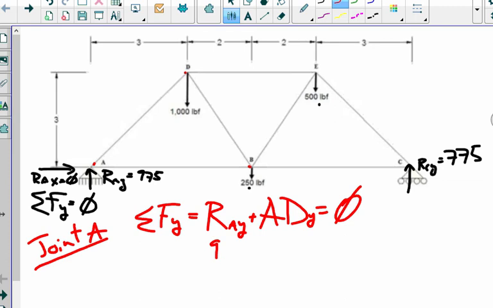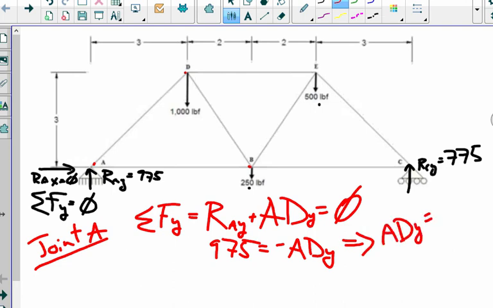We know it's positive 975. All right? If I do my math and bring ADY over, that means it's a minus ADY on this side. So ADY is equal to a negative 975. All right? So this would be something you put off to the side. ADY is a negative 975.